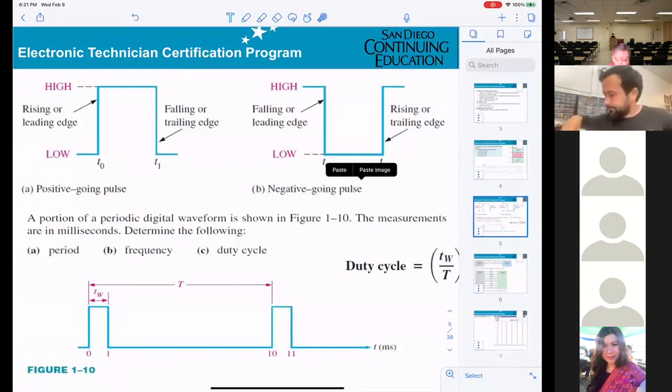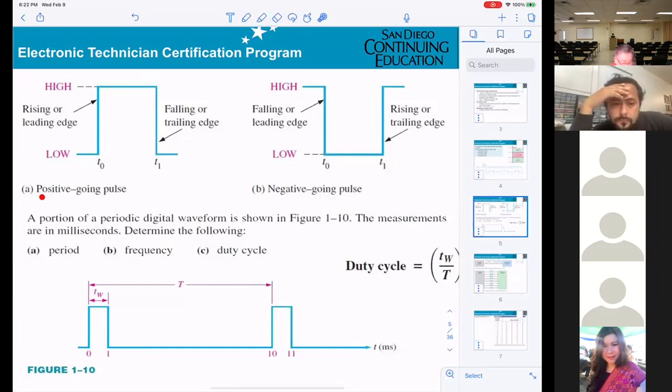Okay, next one. Did you get only one? 0 to 1, then go down to 0. That's what they call a positive going pulse. 0 goes to 1, then goes back to 0. Okay, and the edge going 0 to 1, they call a rising or leading edge.